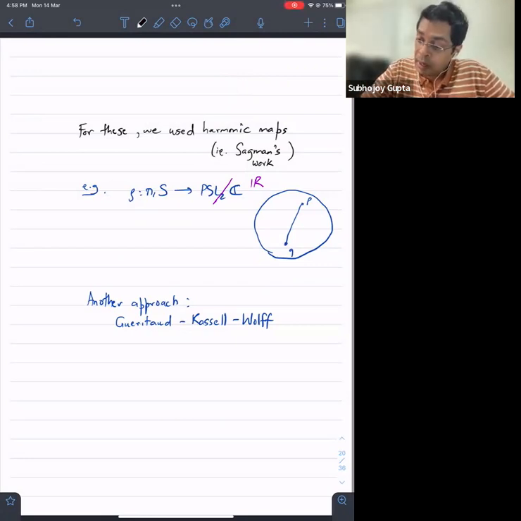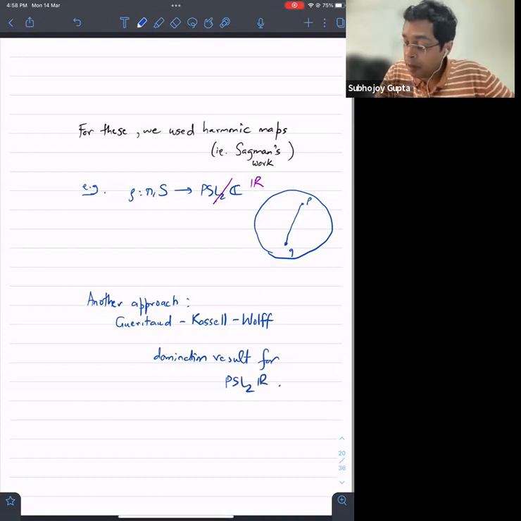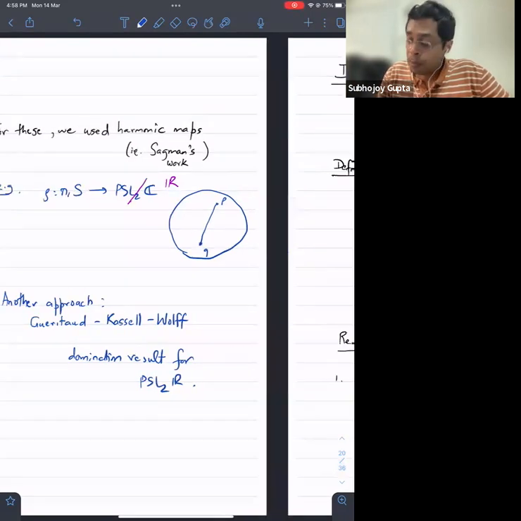They proved, as I mentioned earlier, a domination result for PSL2R representations, and this is also a special case in that paper. Anyway, perhaps there's an even simpler proof which can be found, but I don't know. So that's the idea of the proof for PSL2C.